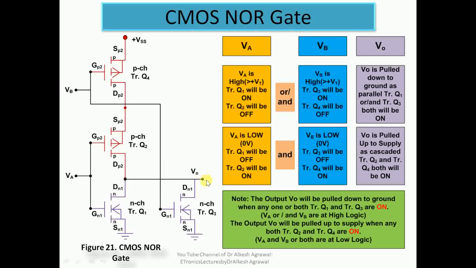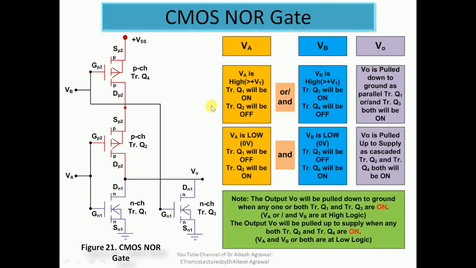So for output to be pulled up by the supply, both these transistors are to be in on state, and this is only possible in one configuration, when VA and VB are both given a low logic.